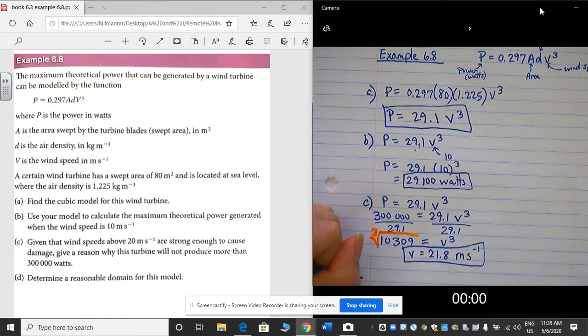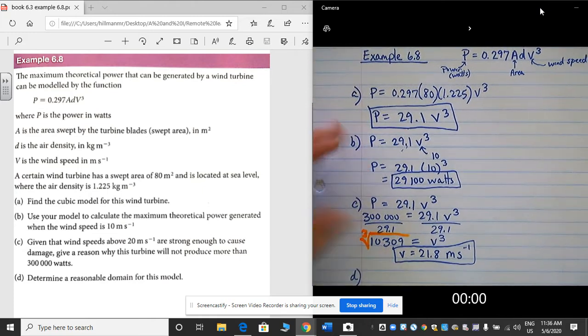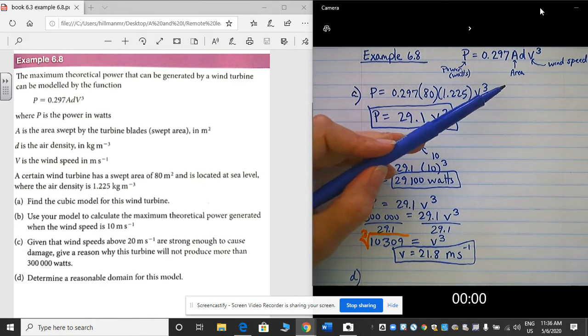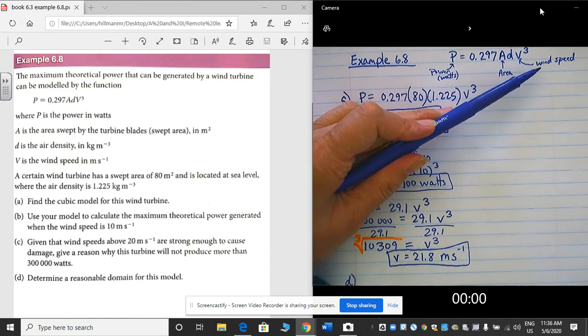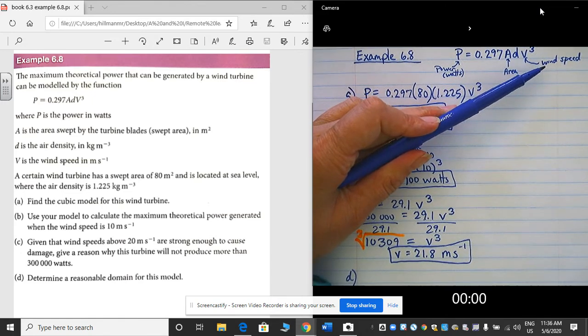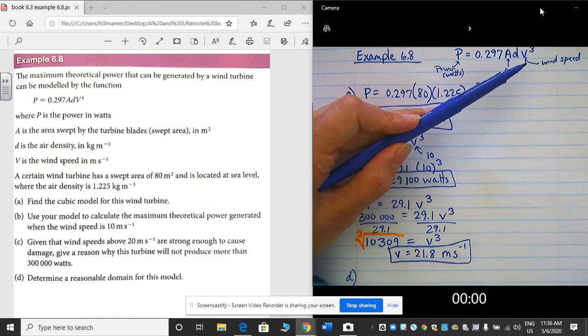The last part is part D, which is talking about the reasonable domain for this model. Remember, domain is, quote unquote, the X values, and range is your Y values. So the domain represents those wind speed possibilities. On the low end, you could have 0.